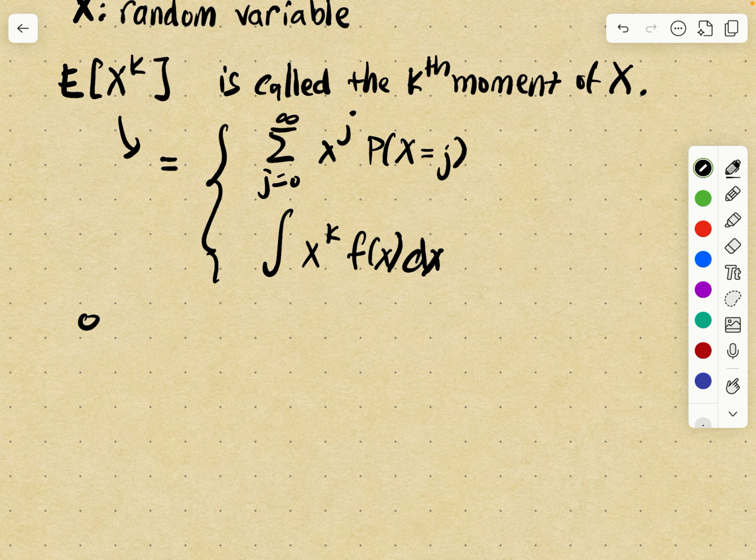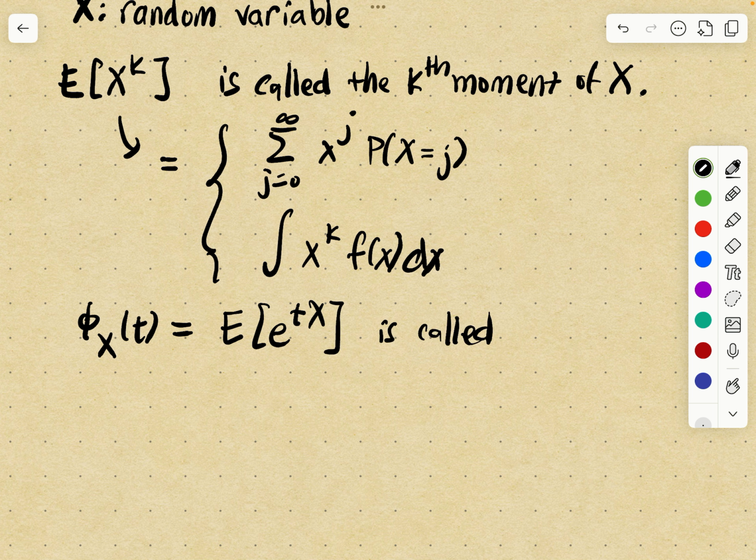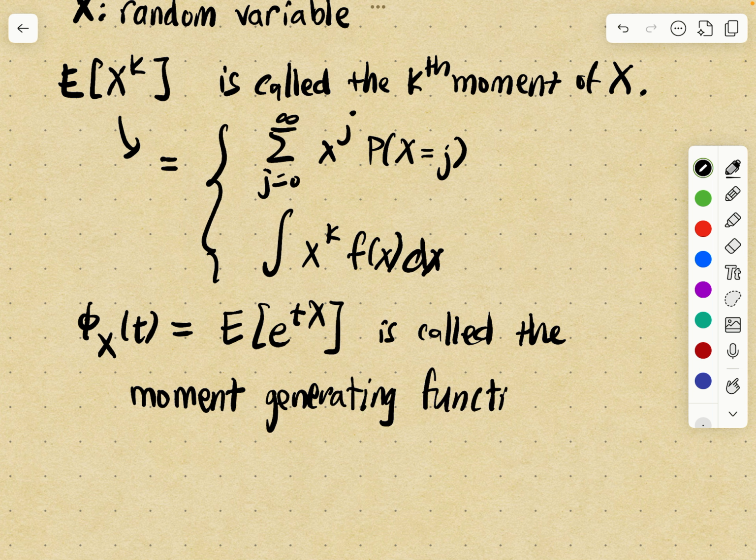So we define the function of t, phi x of t, to be the expectation of e to the t x. This is called the moment generating function of x.